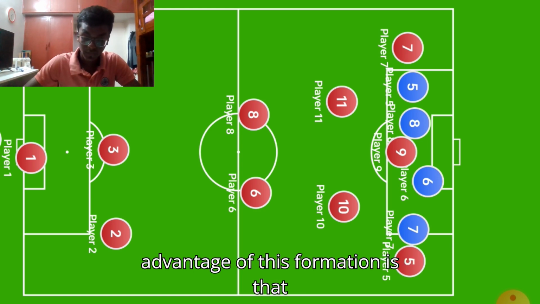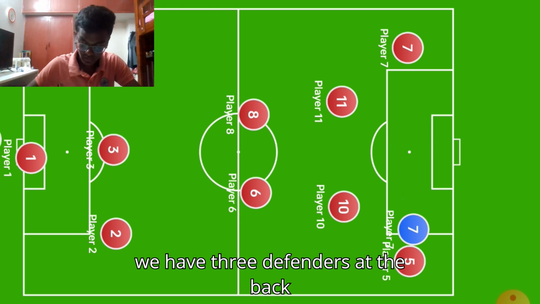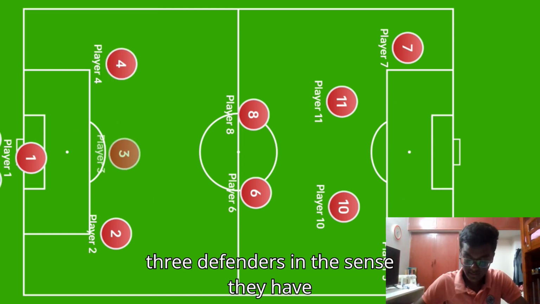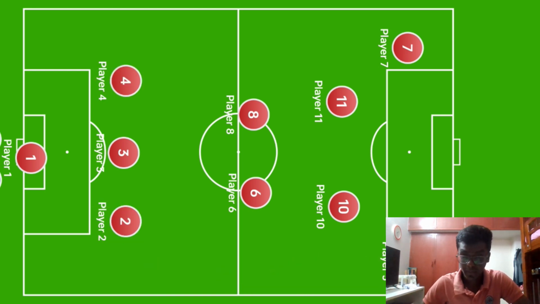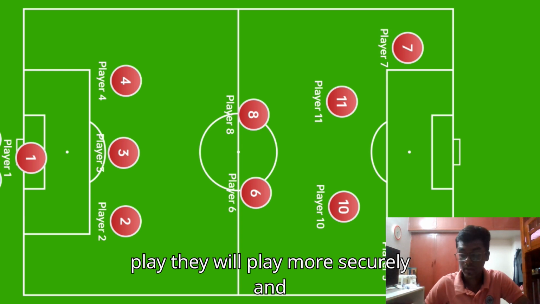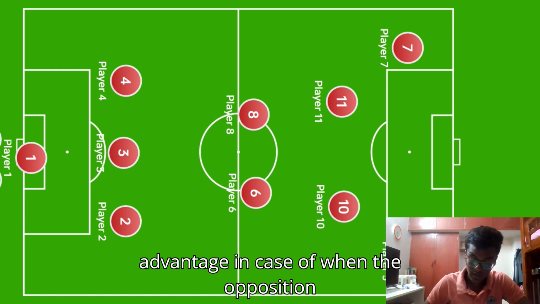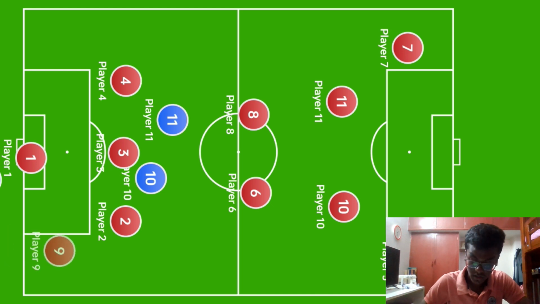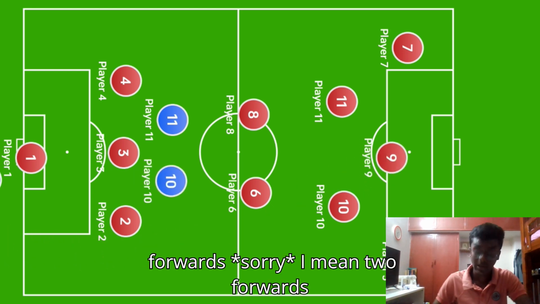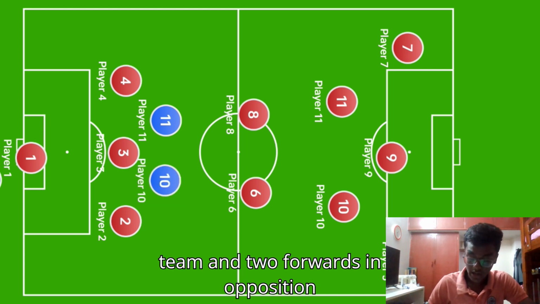Another advantage of this formation is that we have three defenders at the back. Three defenders means more secure play. They will play more securely, and they will also give a numerical advantage when the opposition has two forwards against our three defenders.